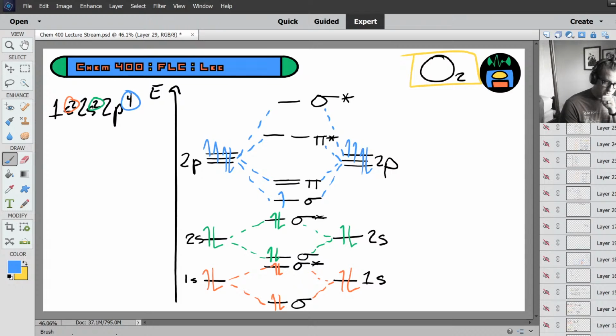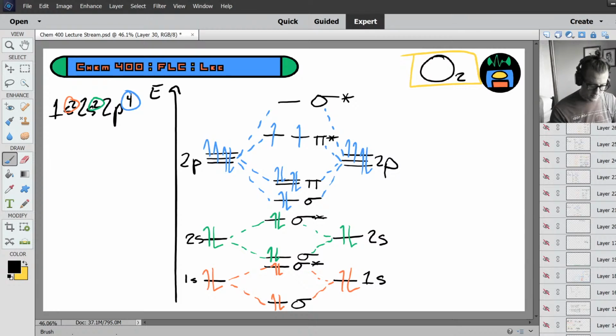The first 2 go into sigma. The next 4 go into pi. Now we have 2 electrons left, and you'll notice that we have 2 pi star orbitals that are equal in energy. So we have to put 1 in one and 1 in the other, because electrons would rather have their own orbital because their like charges repel each other.